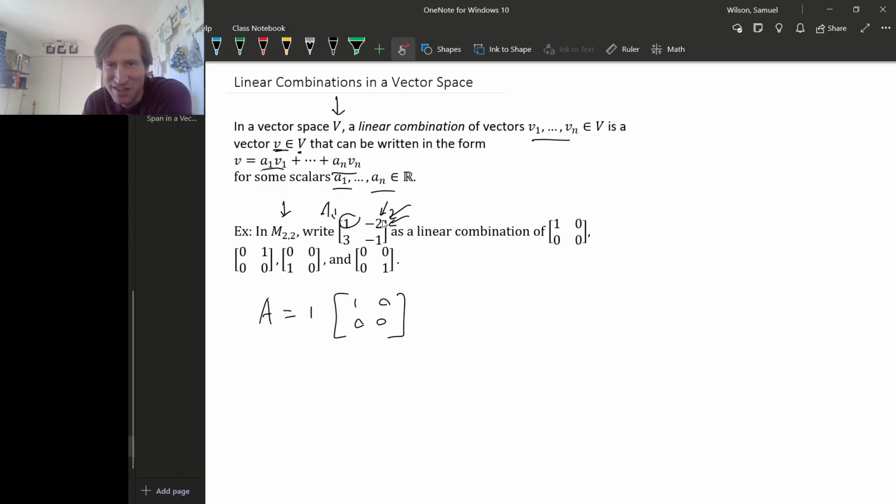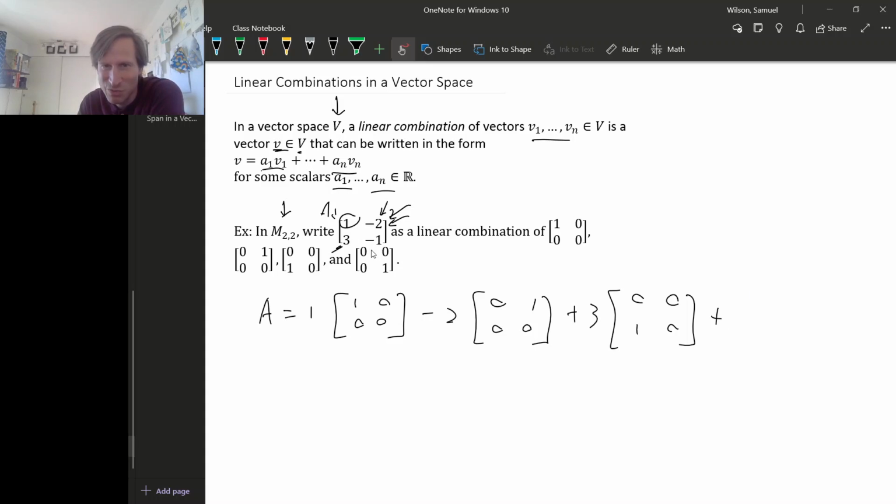And then to get this minus 2 to show up, we'd need a minus 2 times [0, 1; 0, 0]. And then to get that 3 in the lower left to show up, we need plus 3 times [0, 0; 1, 0], and then to get this minus 1 to show up, we need a minus 1 times [0, 0; 0, 1].